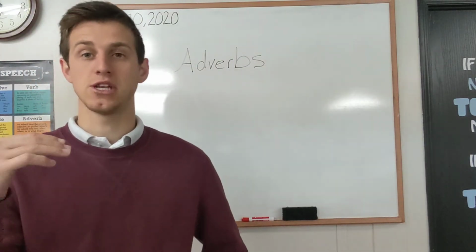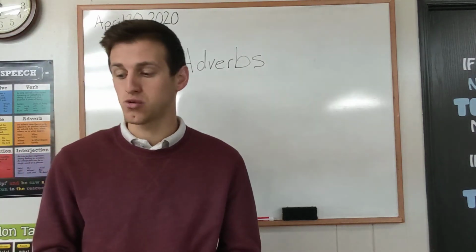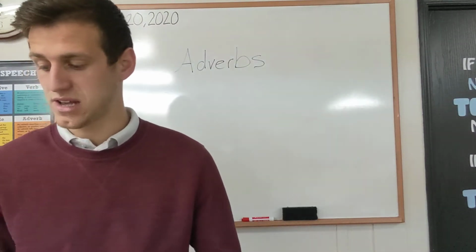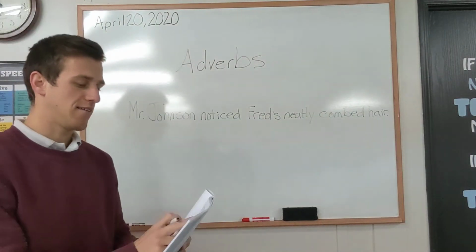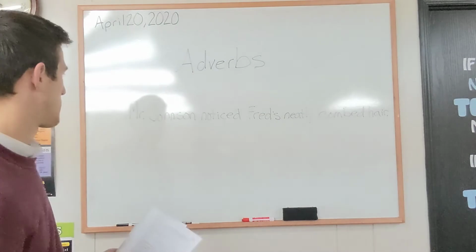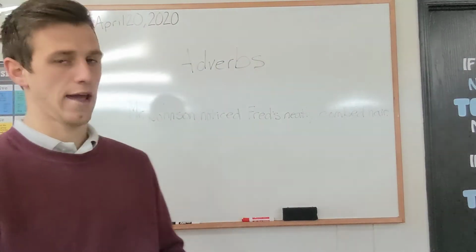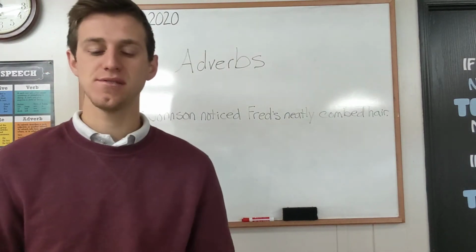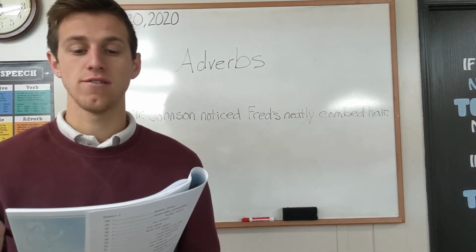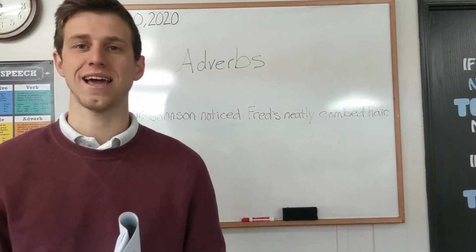Jumping up to the top of page 7, we have adverbs that modify adjectives come directly before the adjectives they modify. All right, and what it means by that is, notice I have their example sentence written up here on the board. Mr. Johnson noticed Fred's neatly combed hair. So adverbs that describe our adjectives, find the adjectives, and they ask how or to what extent.